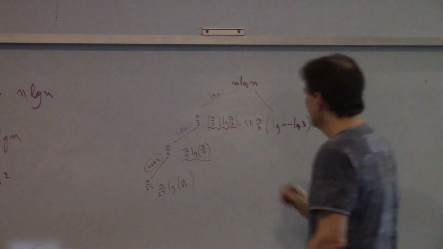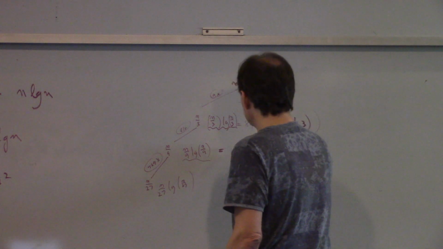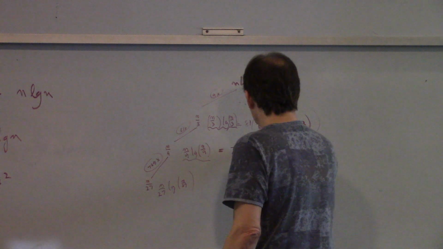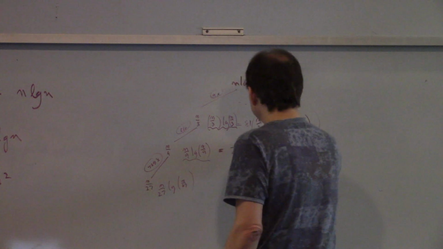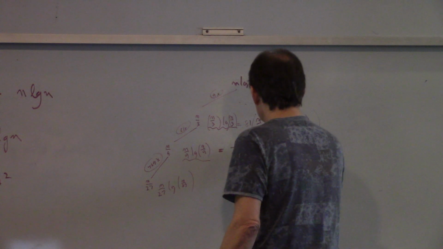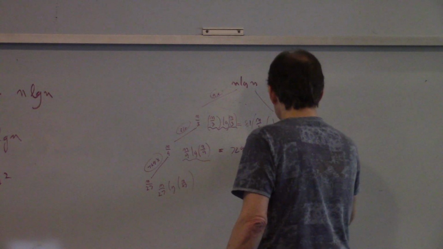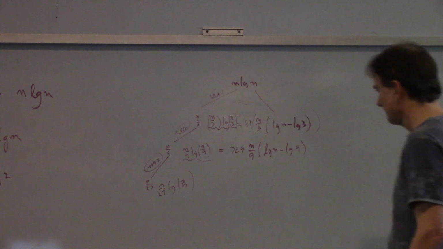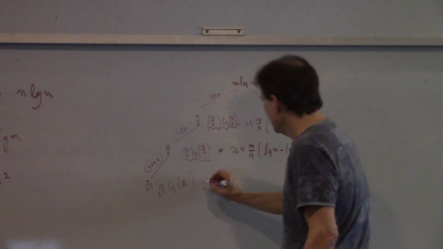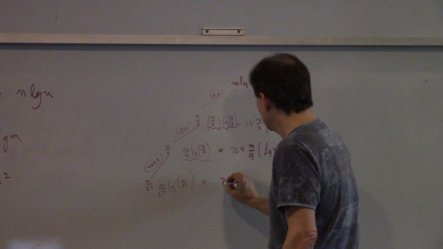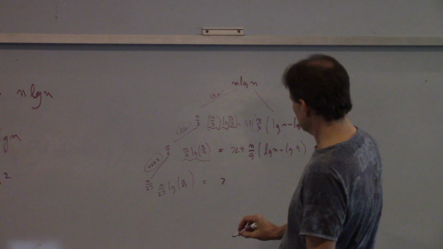So this one is going to be 729 times n over 9 times lg of n minus lg of 9. And at level 3, we're going to have... am I messing this up?